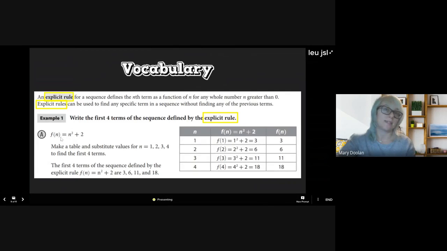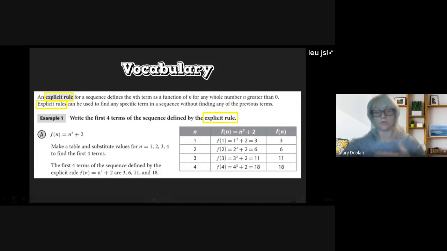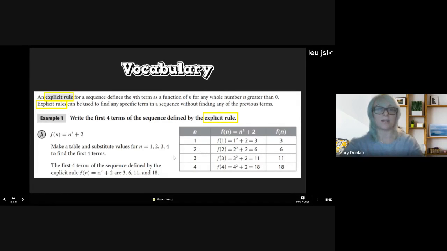So if I want the fourth term, I replace the n with a 4. 4 squared plus 2. 4 squared is 4 times 4, that's 16. Plus 2 is 18, and that's what you can see over here, 18. So in an explicit rule like this one, you don't need to know any of the other values of n before it to figure out any certain one of them. You can find out any of them at any time.